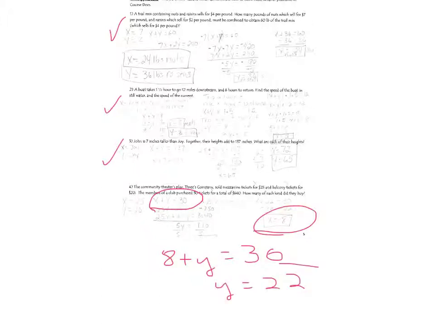And so what that tells you is that you have 22 balcony and 8 mezzanine. So you did a great job on these word problems, and there were just a few corrections to make on the others. Let me know if you have any questions.